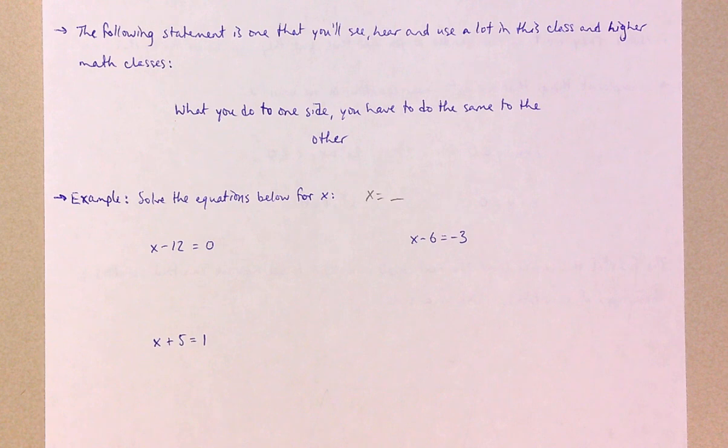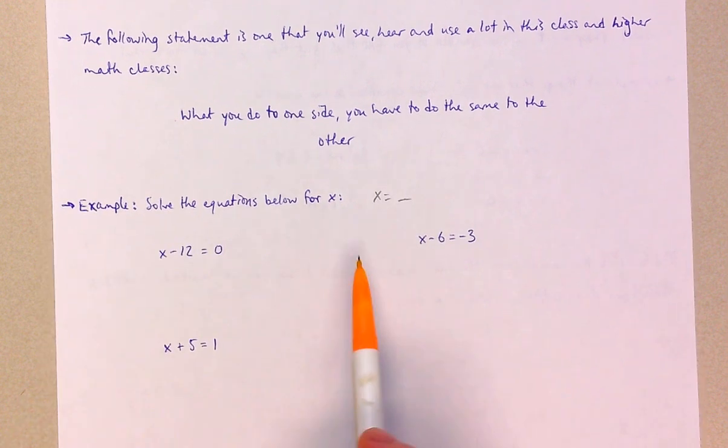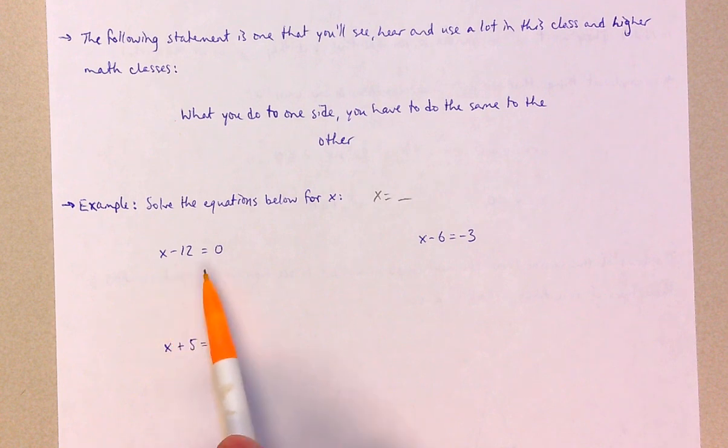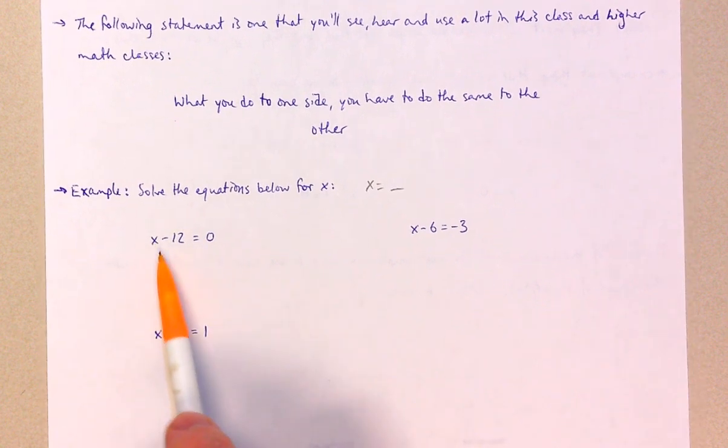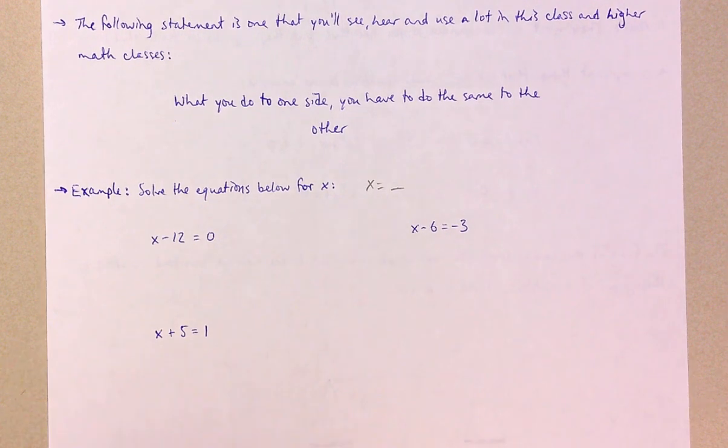So, first one here, x minus 12 is equal to 0. The whole point is to get, as we just said, x all by itself on one side, and then have some number on the other. So here, I have the x on this left side. Let's just keep the x there.